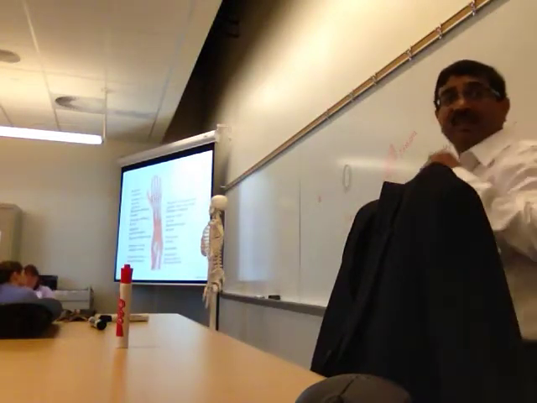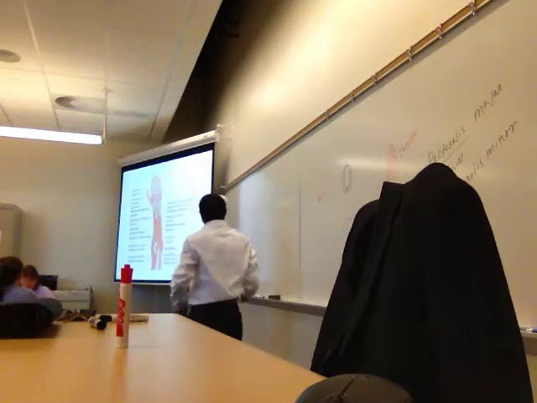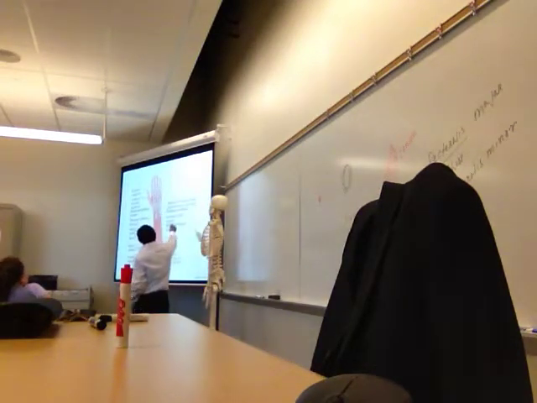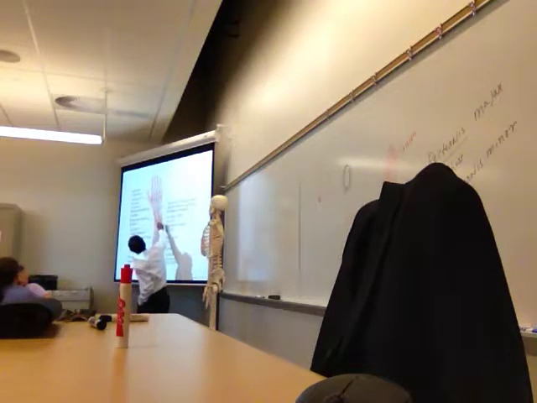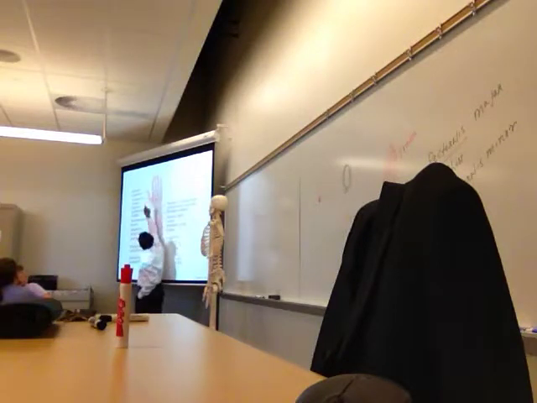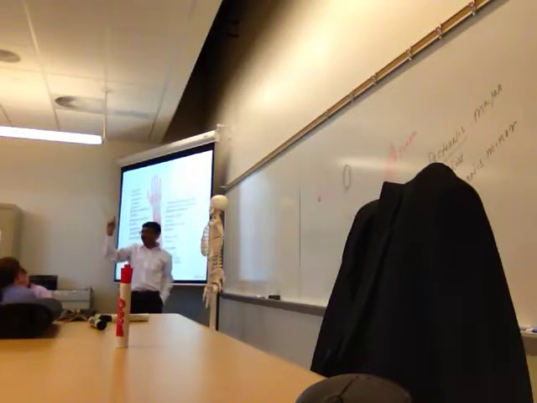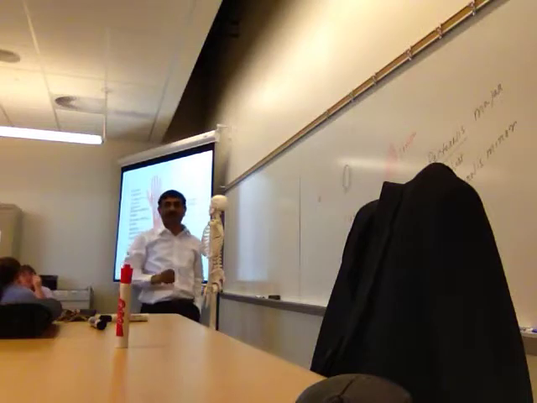Here is extensor indicis. Let's see, follow that. Extensor indicis. This muscle, you see, look carefully. This is the muscle, and the tendon is starting here and going to the index finger. Okay, so that's the extensor indicis.